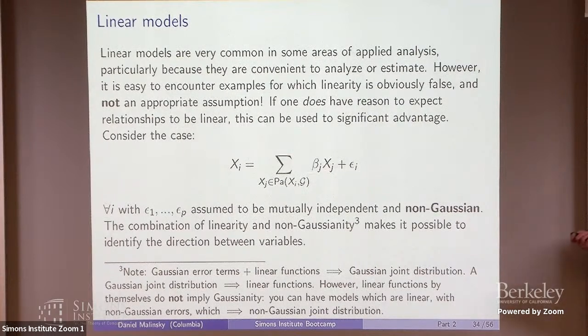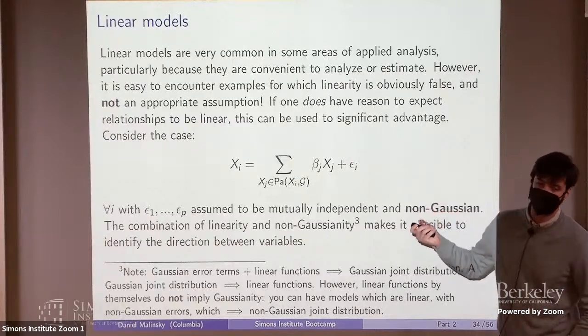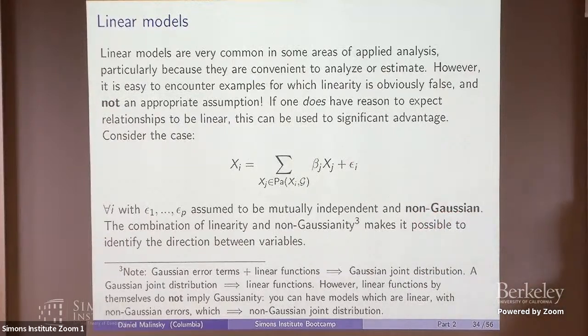But if you do assume linearity, and in addition assume something about the distribution of the error terms, in particular that the epsilons, these errors, are independent but non-Gaussian, then it's been shown to be provably enough to induce an asymmetry on the observed data joint distribution, which can help you identify a unique DAG instead of a Markov equivalence class.